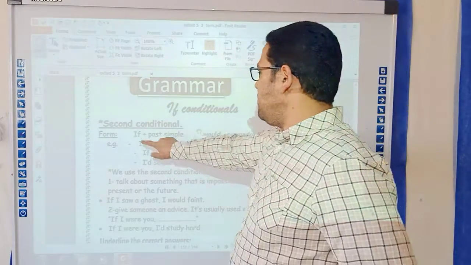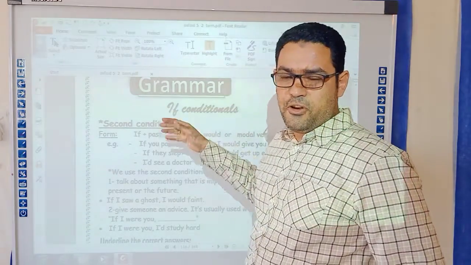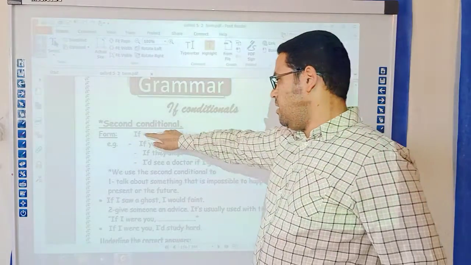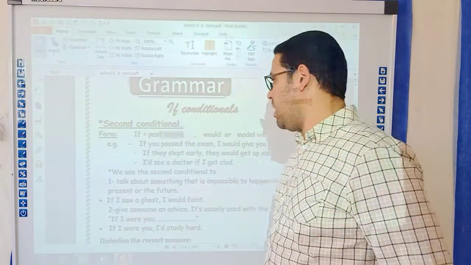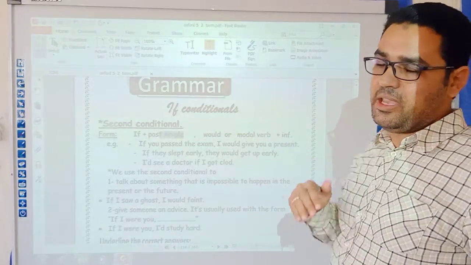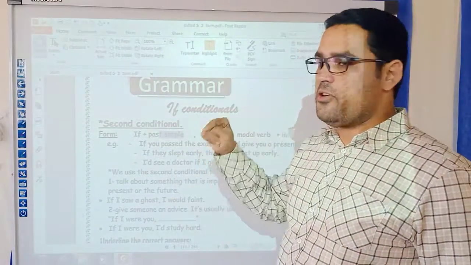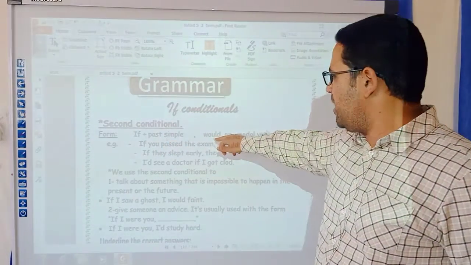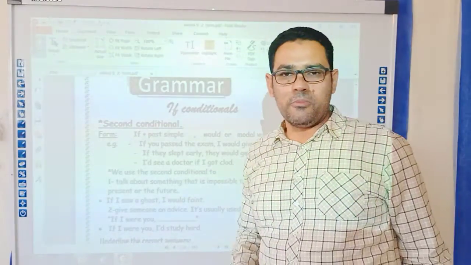It consists of if plus past simple in the first clause, and the second clause will be would or any modal verb like could or might.